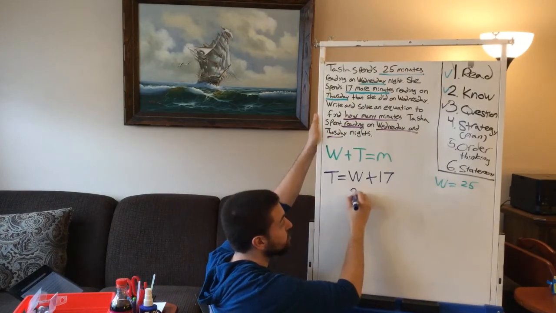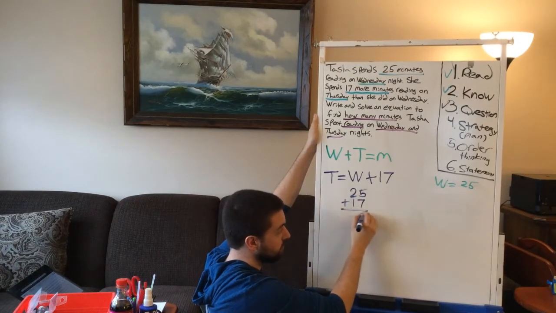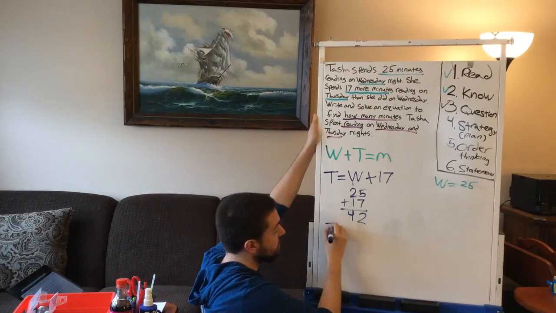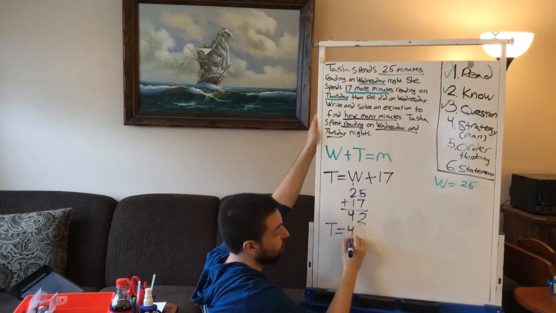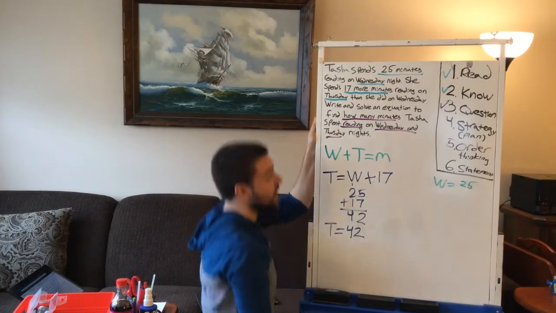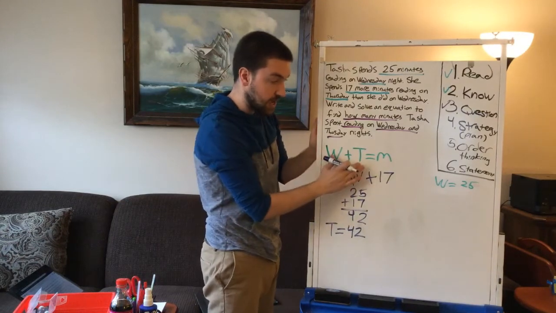So I have to do 25 plus 17. Let's see, that's a 2, carry the 1. So now I know that Tasha read for 42 minutes on Thursday. Now I'm ready to solve this equation because now I have Wednesday and I have Thursday.